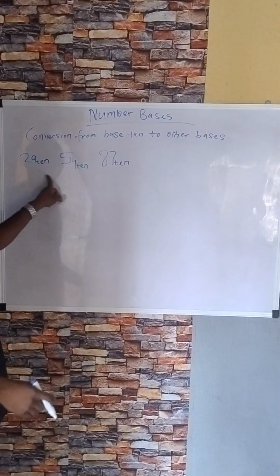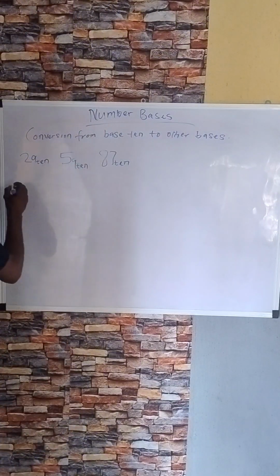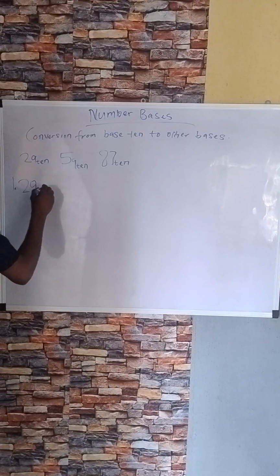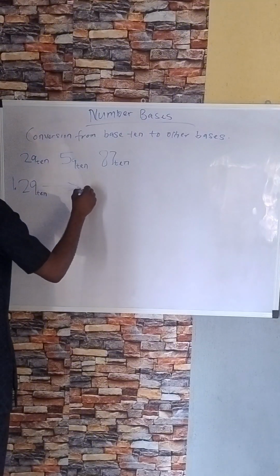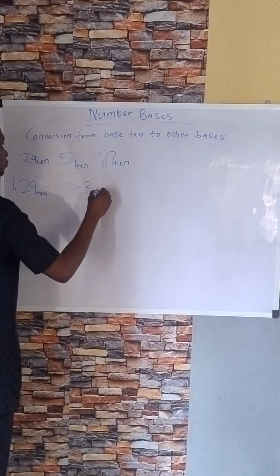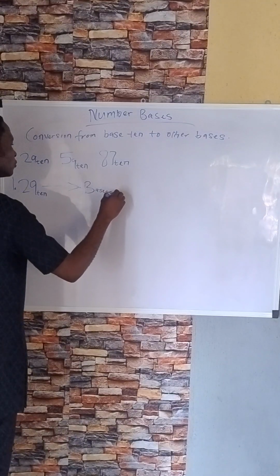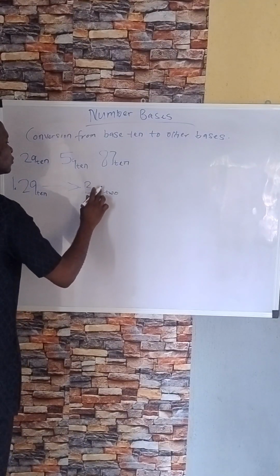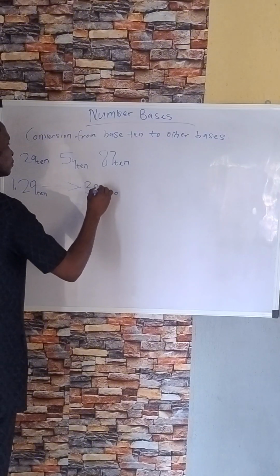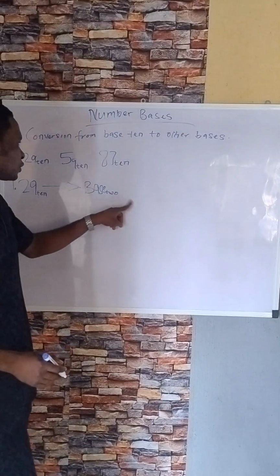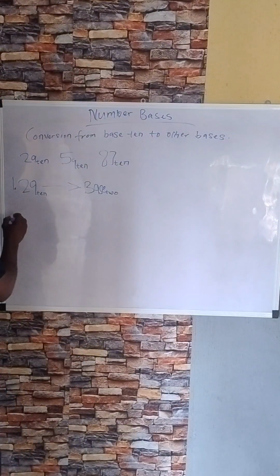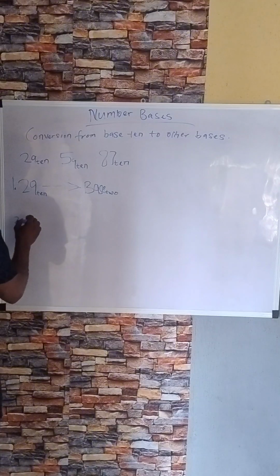If we are asked to convert these, let's say we convert 29 base 10 to base 2. Okay, so what do we do in this conversion? And then number 2, let's say we're converting. Okay, let's finish with number 1 first.